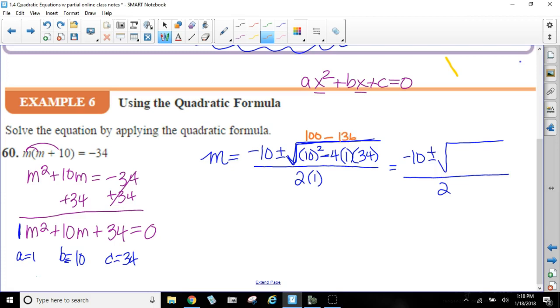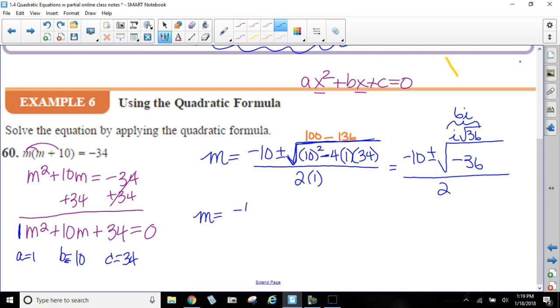And so when you combine the 100 minus 136, what we get underneath the radical is a negative 36. Now we know how to tackle that. That is going to be i times the square root of 36, or 6i. So let's write the whole thing here.